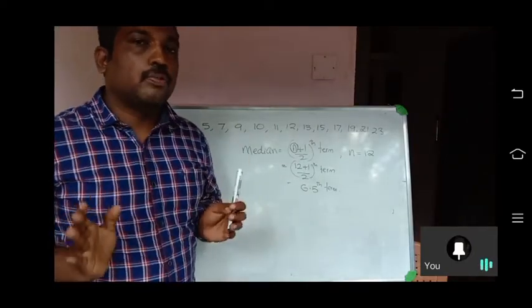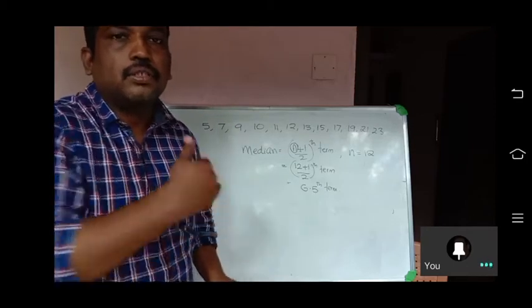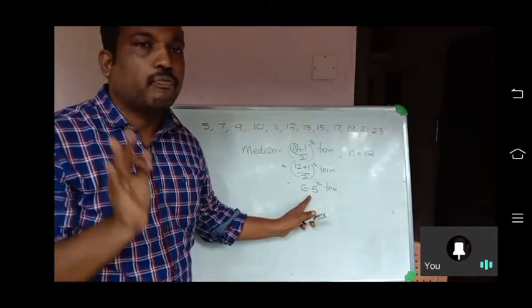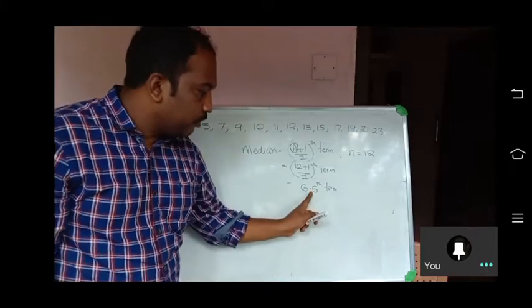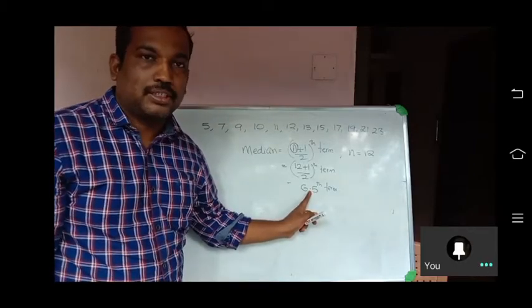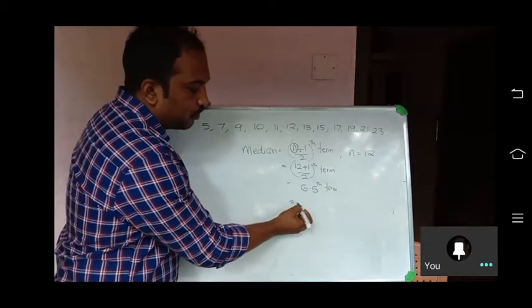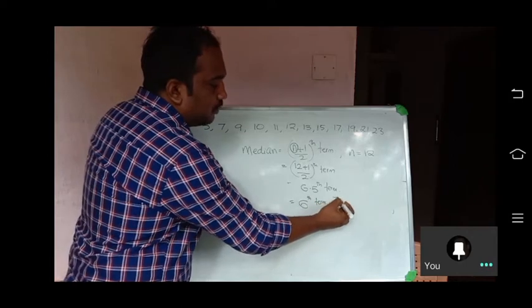It is not possible for us to find the 6.5th term. We can find the 6th term, 7th term, 8th term, etc. The number of terms can never be a decimal. We got the median as a decimal number, the 6.5th term. So we take the 6th term and 7th term.